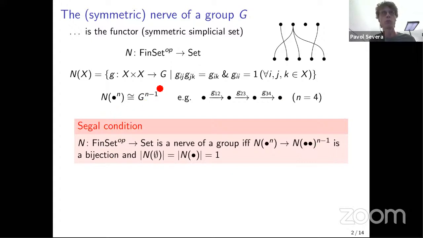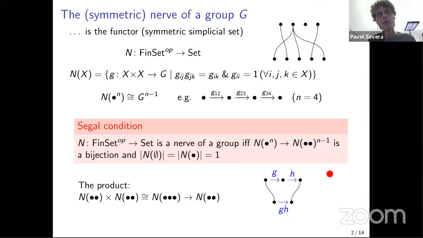That's the thing written here, plus 2 little requirements for small n's. So you see, I also have the empty set inside. Technically, this is really an augmented simplicial, symmetric simplicial set, but that's not important. Okay, so this is how one can recognize nerves.